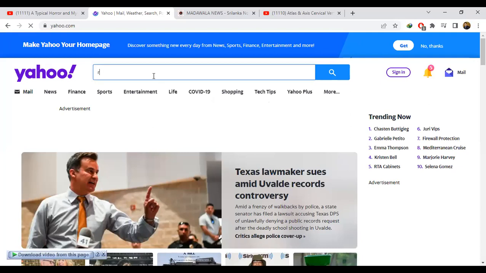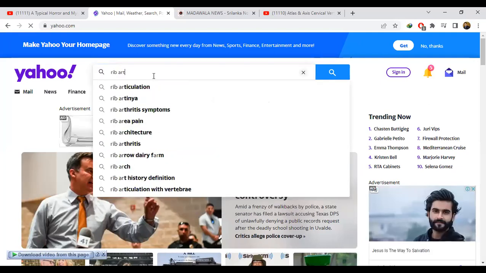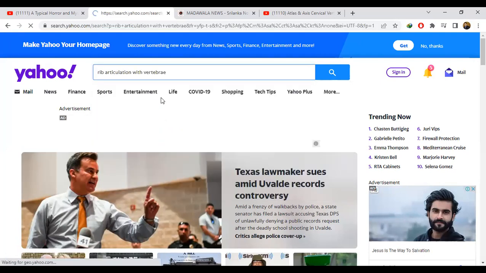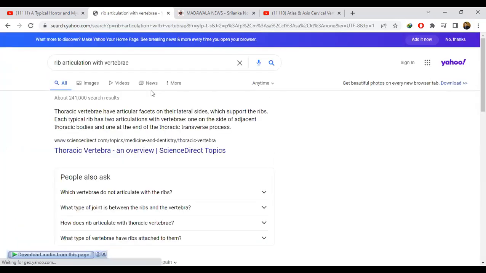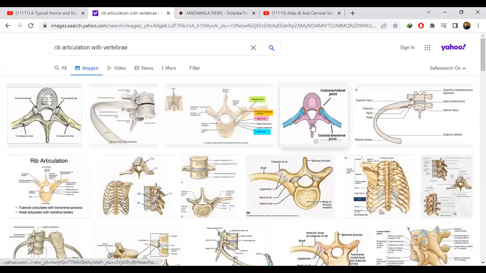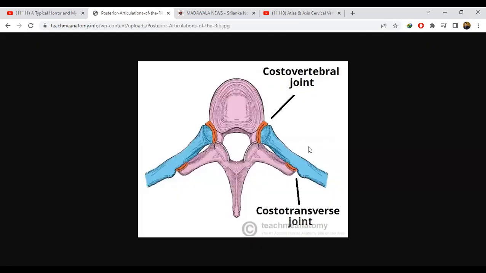Okay, rib articulation with, what is it? Vertebrae. Here you can see this diagram. This blue color one is the rib.